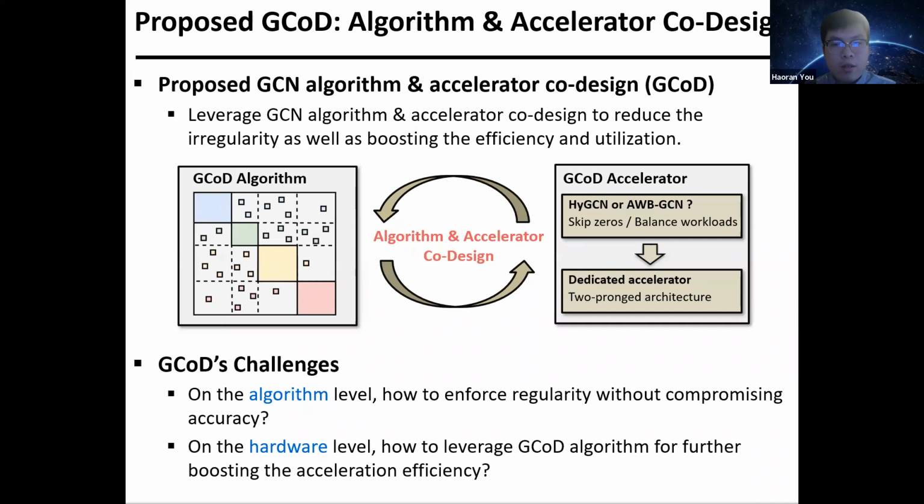Naturally, there are two challenges in such a co-design framework. One is, on the algorithm level, how to enforce the regularity without compromising the accuracy. Another is, on the hardware level, how to leverage the GCoD algorithm for further boosting the acceleration efficiency.